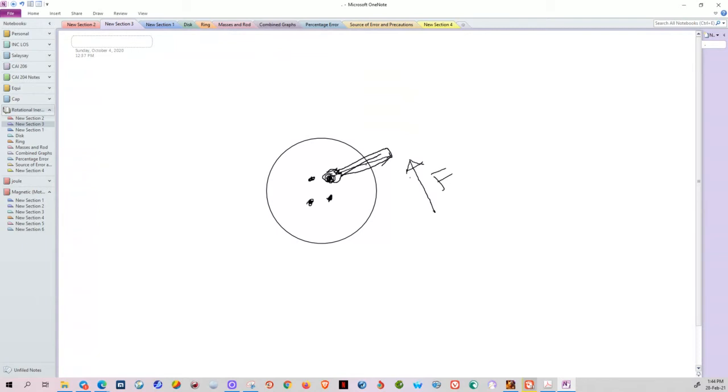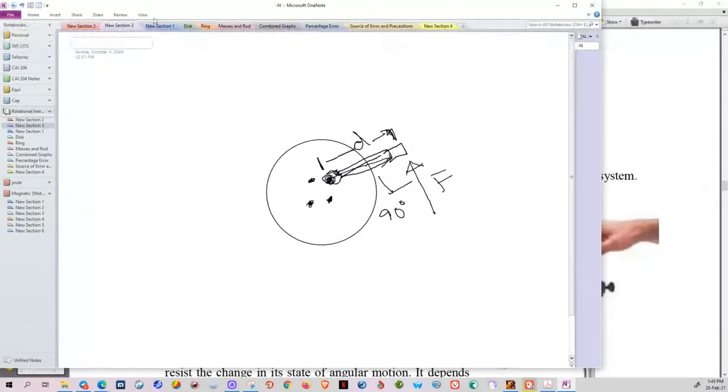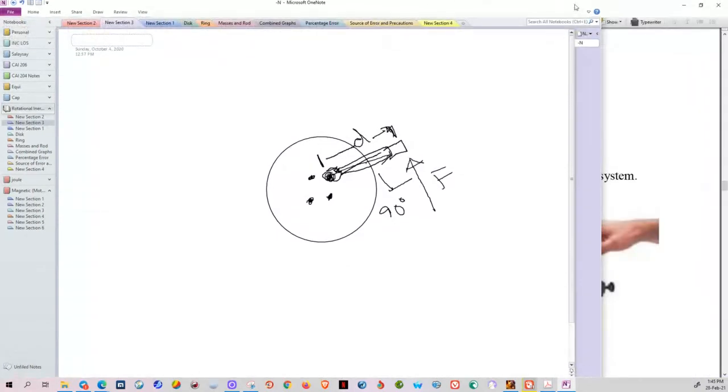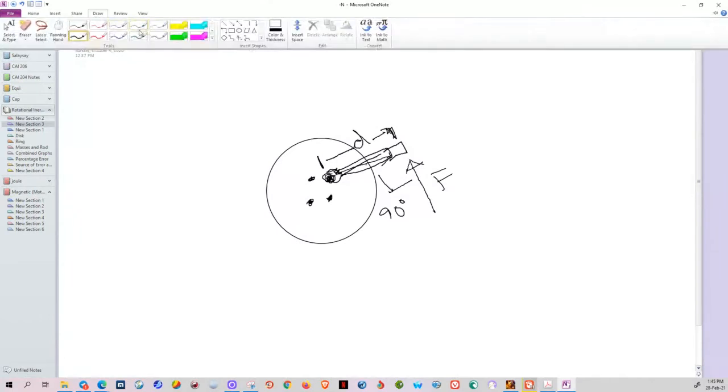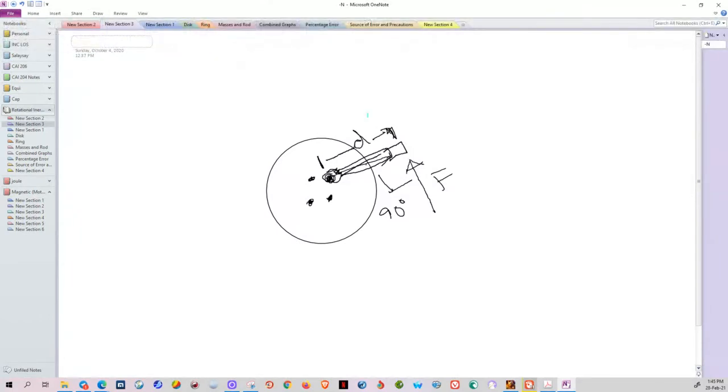We apply the force perpendicular, that means at 90 degrees, to achieve the best result, at a certain distance from the center of the axis, and this distance is D. And what happens is the wrench is going to rotate. In what direction?